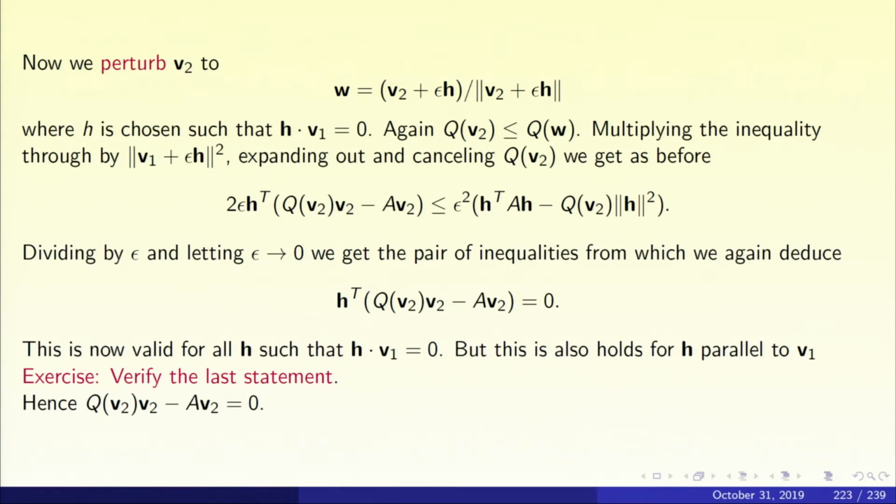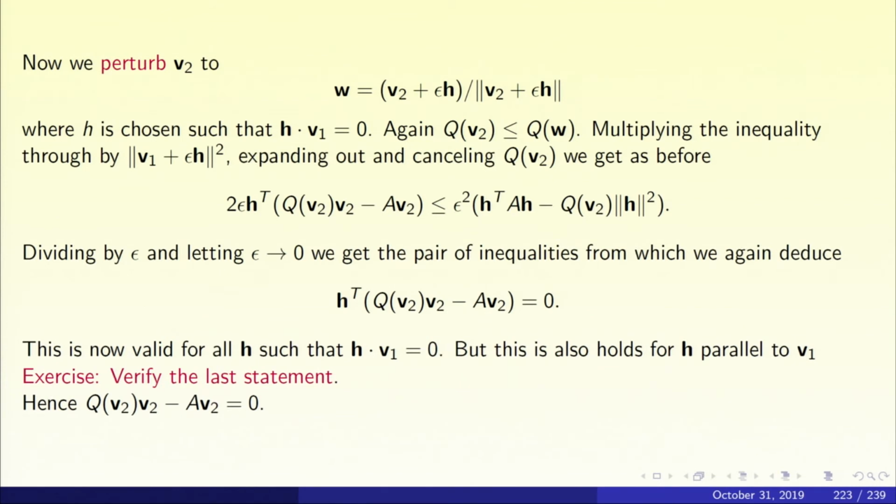Suppose I take H to be V1, then what happens to that last displayed equation? Q of V2 is a scalar. So we get V1 transpose V2, or V1 dot V2. That is 0 already because V1 and V2 are orthogonal by construction. Let us look at the other term, H transpose A V2. Remember, we have taken H to be V1. So what is V1 transpose A V2?